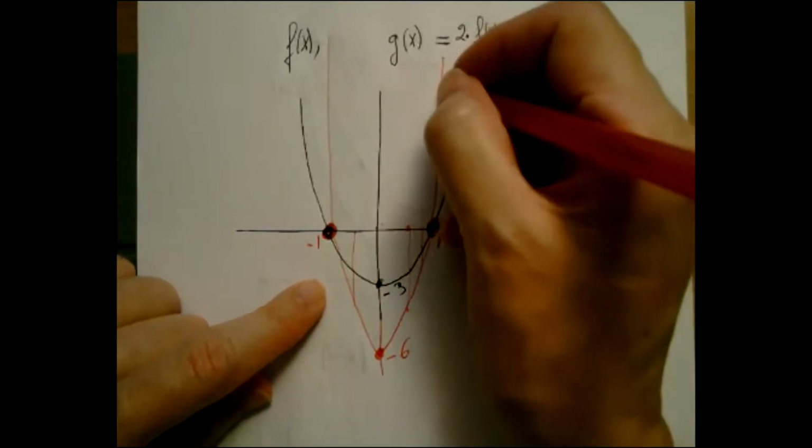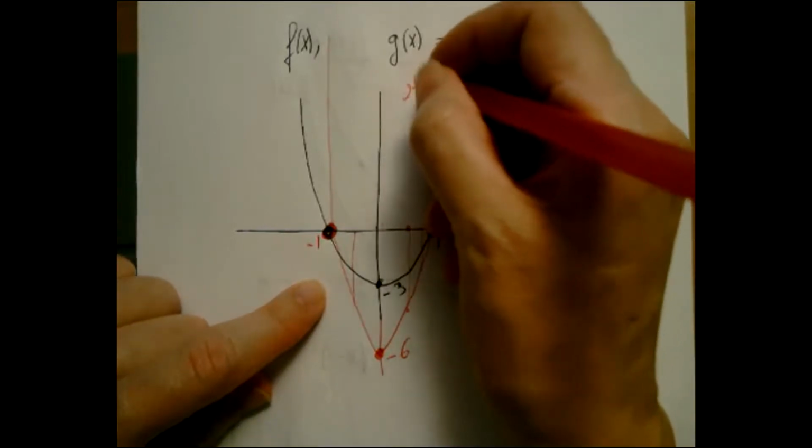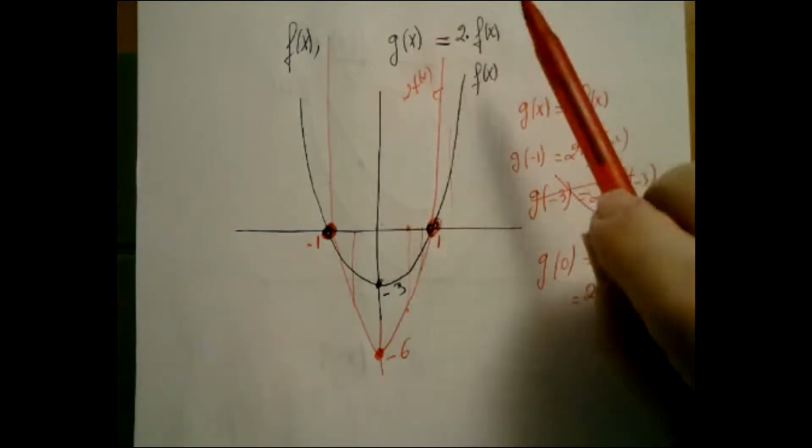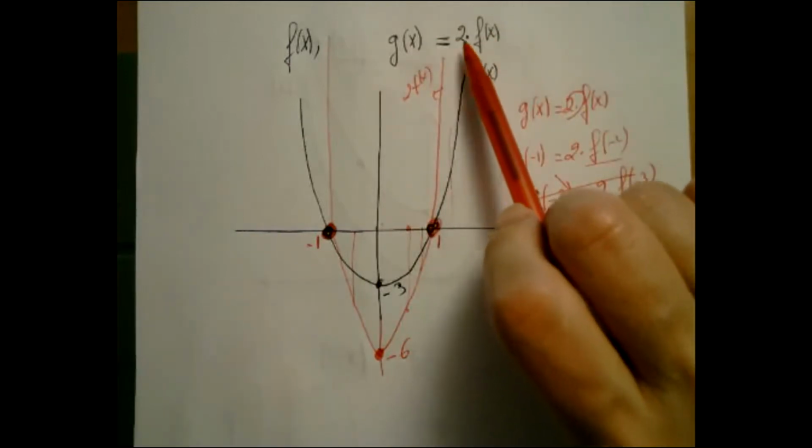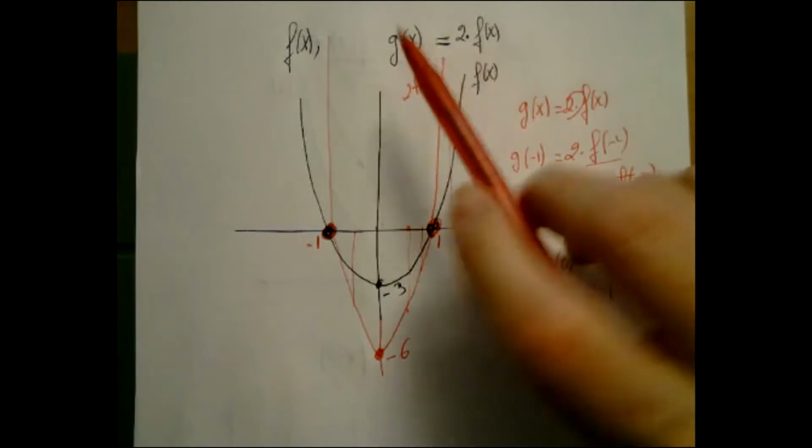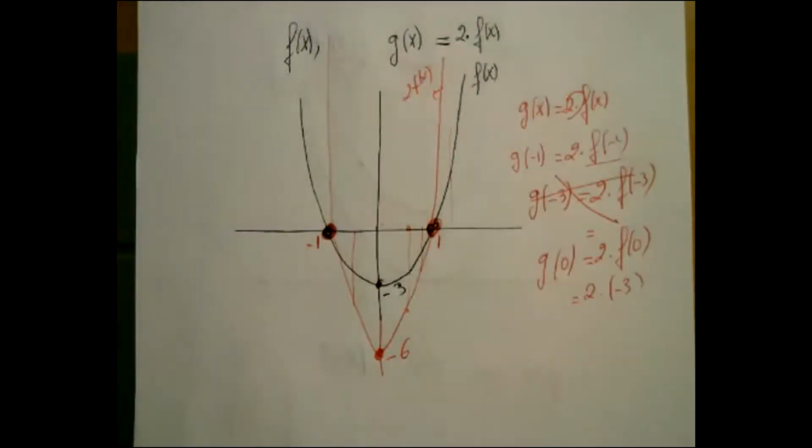So this is twice f of x. When we multiply f by a constant c, and the constant is positive, the effect on the graph is nothing more than a stretching by a factor of 2.